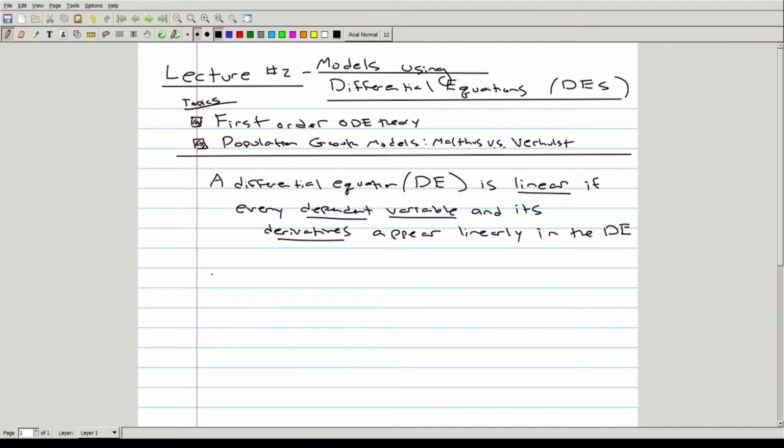And likewise, a differential equation is nonlinear if this does not happen.